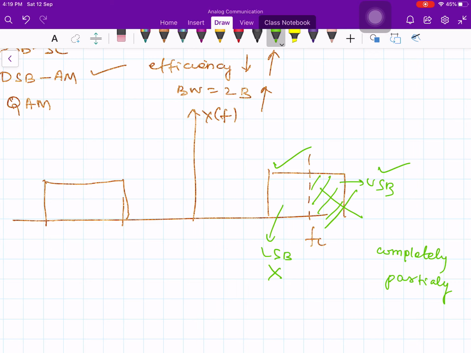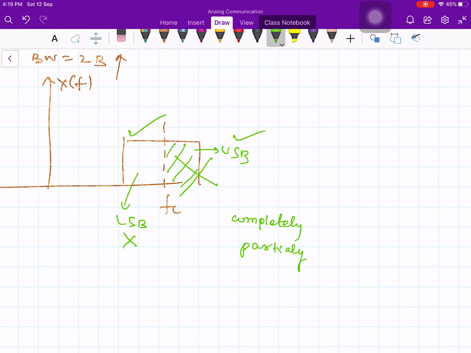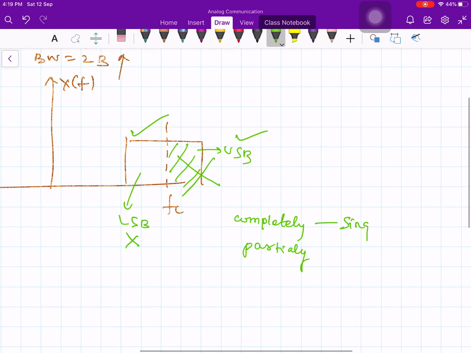So when we suppress completely, it is called single sideband modulation.